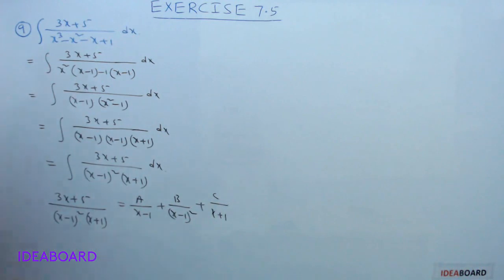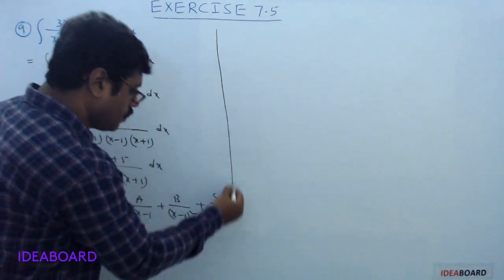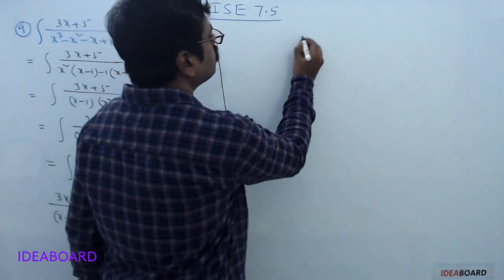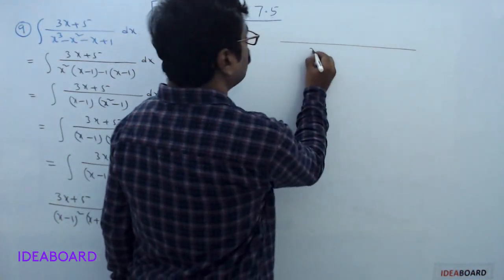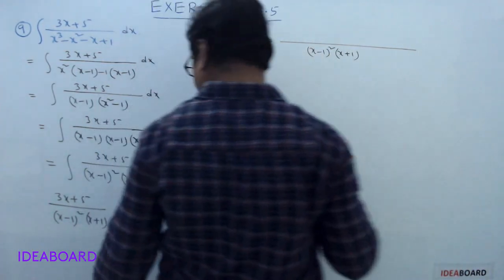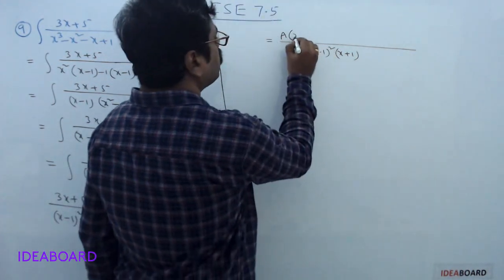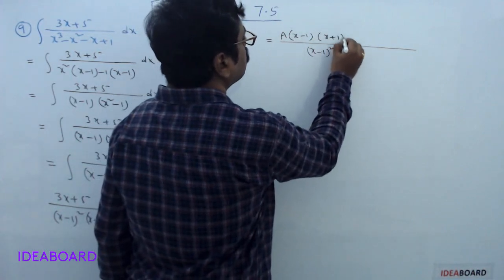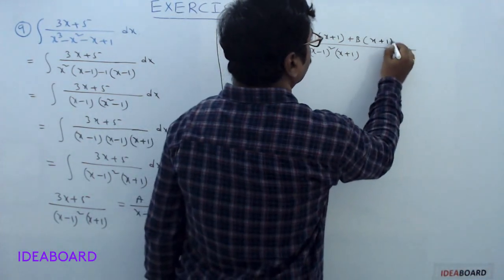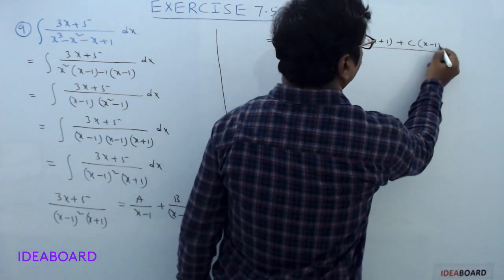Now take the LCM. So here what is the LCM? x minus 1 whole square into x plus 1. Now corresponding numerator, this is a into x minus 1 into x plus 1 plus b into x plus 1 plus c into x minus 1 whole square.